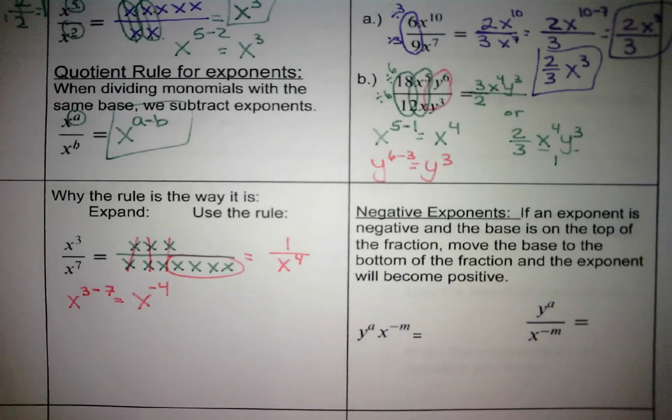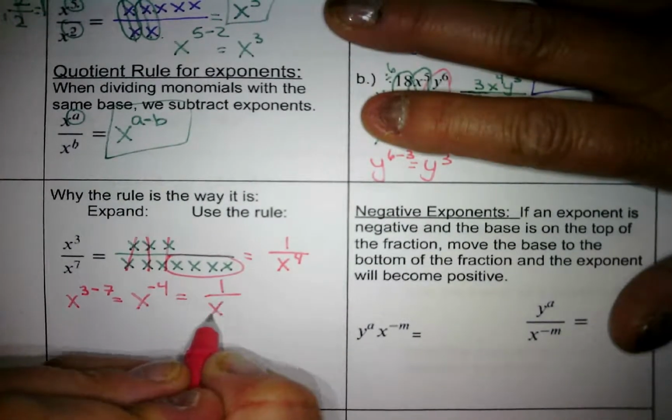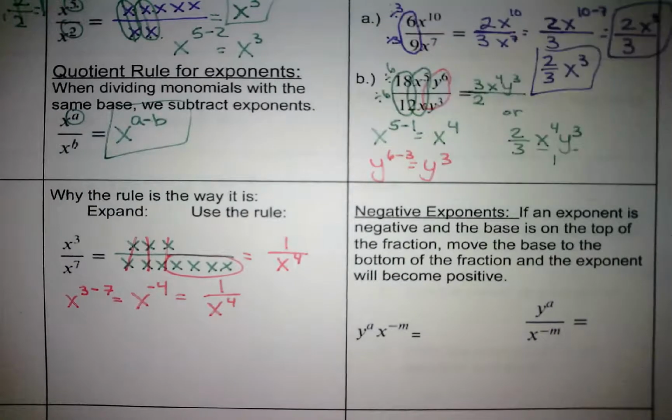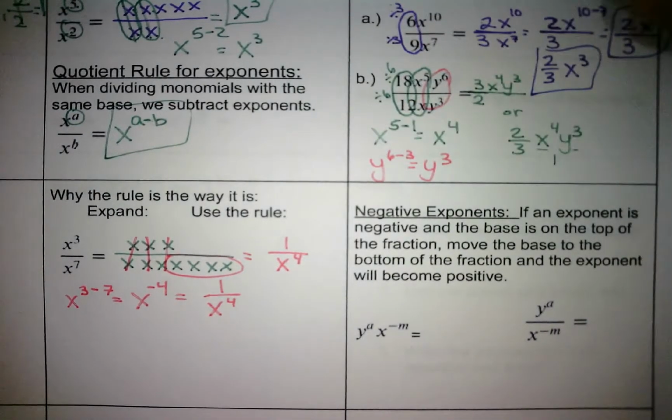So we always move the exponent and the base to the bottom of the fraction if it's in the numerator and it's negative, or to the top of the fraction if it's in the denominator and negative. So it's very important to do that. We never want negative exponents. It always needs to be a positive exponent.